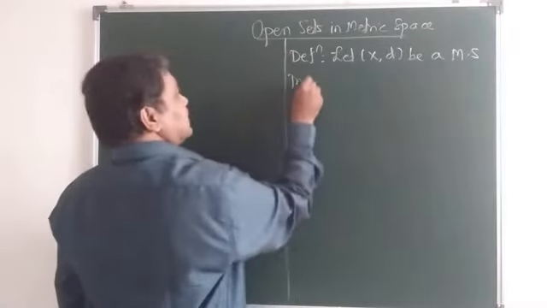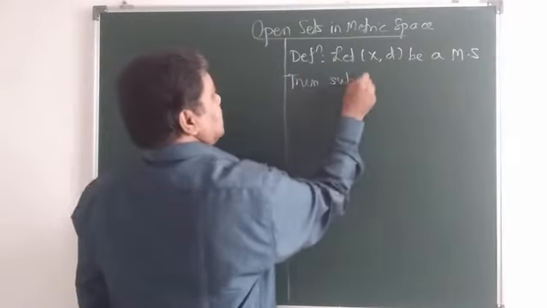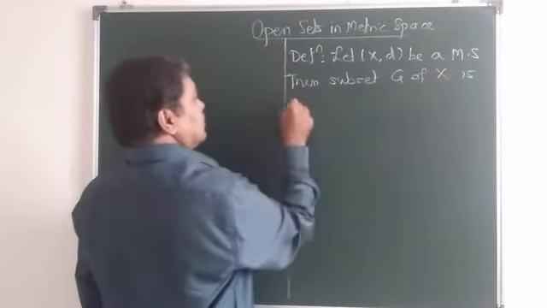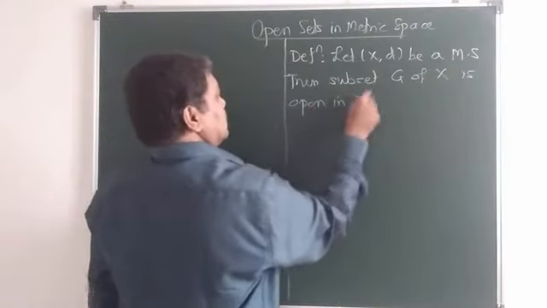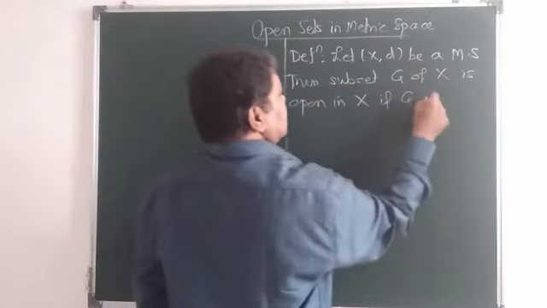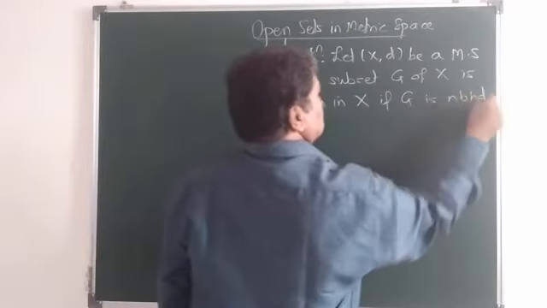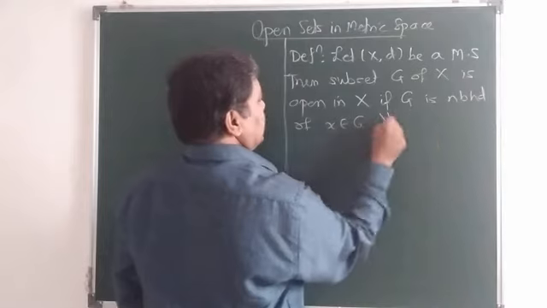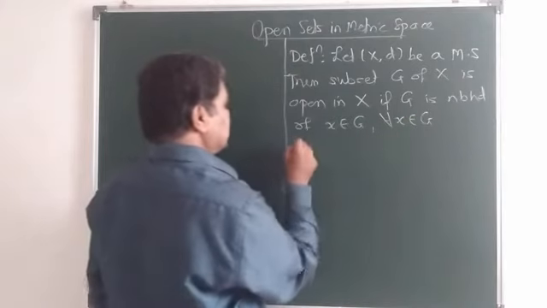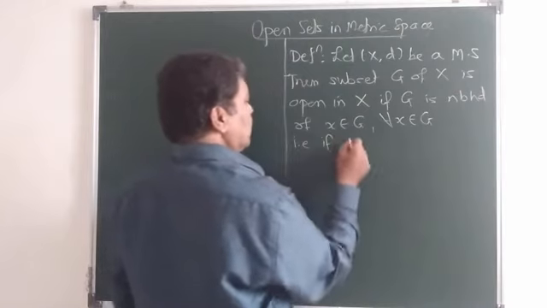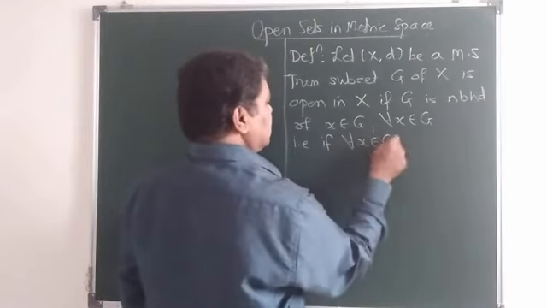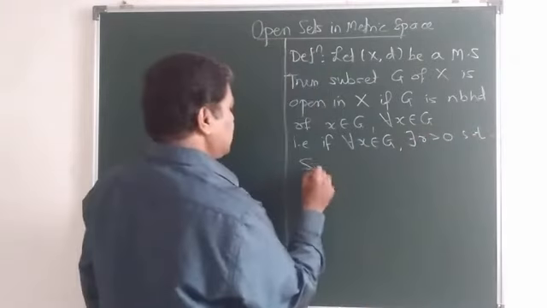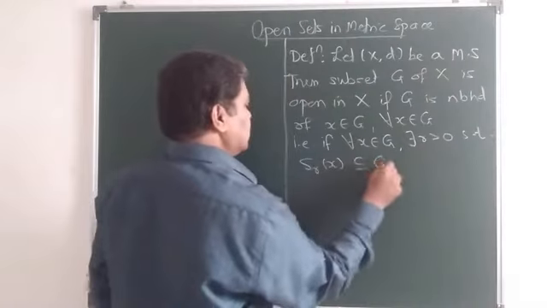Then a subset G of X is open in X if G is a neighborhood of x for every x belongs to G. That is, if for every x belongs to G, there exists some r greater than 0 such that the open sphere about x with radius r is contained in G.